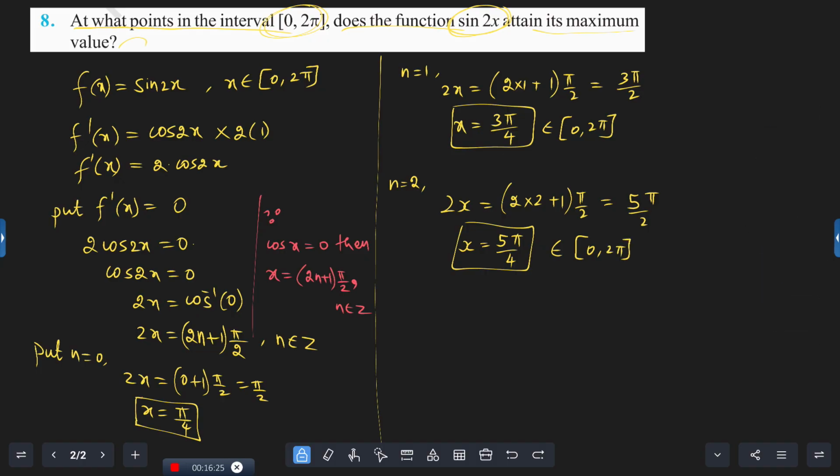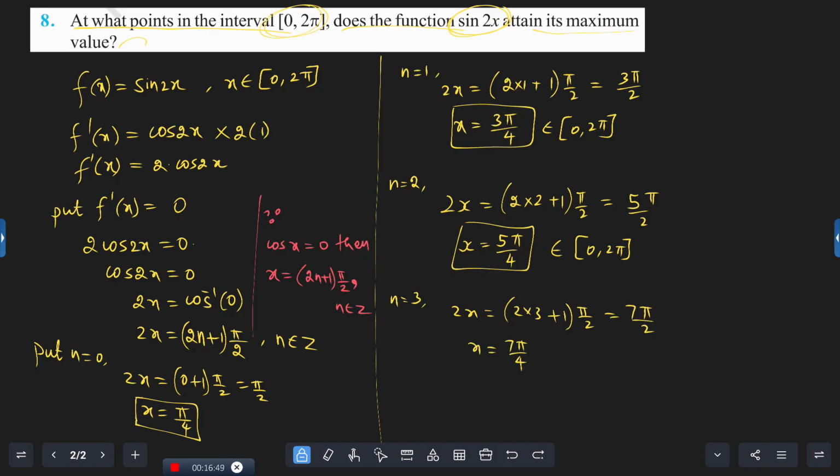Next, n equal to 3. We have to check where we will be getting the maximum. 2x is equal to (2 into 3 plus 1) into pi by 2, which is 6 plus 1, 7 pi by 2. So x is equal to 7 pi by 4.